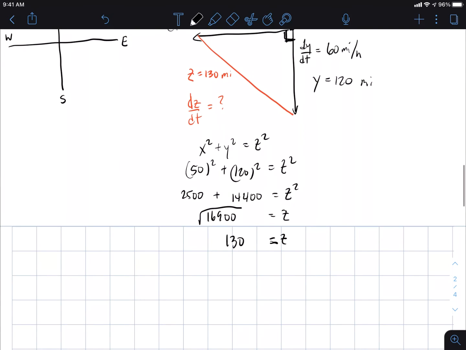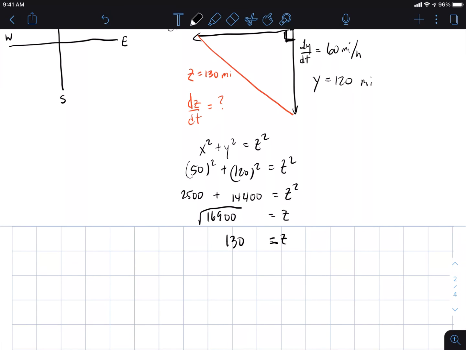So what equation are we going to use? We're talking about a right triangle. The Pythagorean theorem.